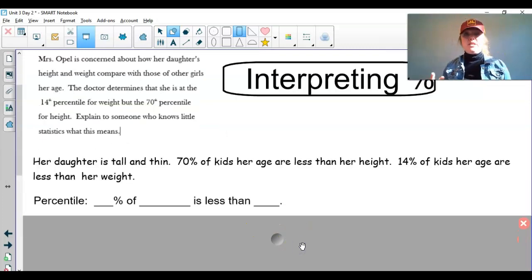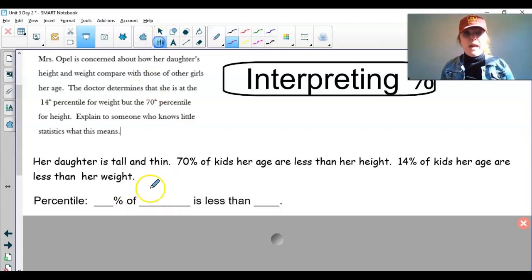And here's a sentence frame for you. Anytime we're interpreting a percentile, we just say "blank percent of," and then we fill in this blank right here. That's what we call the context. That's the story. And then here we can put the number or more context about the observation.